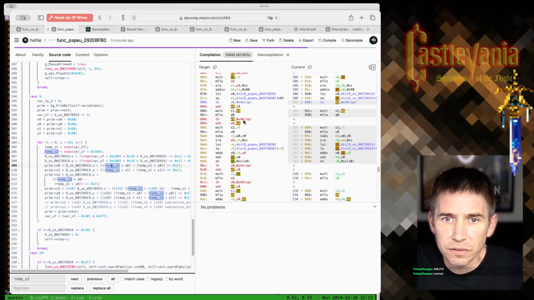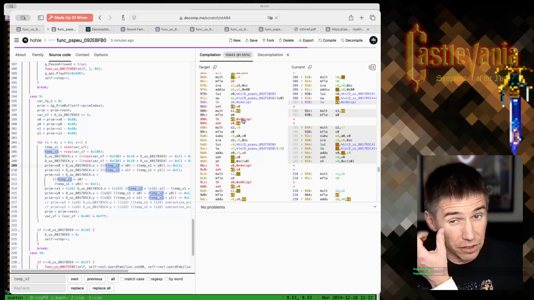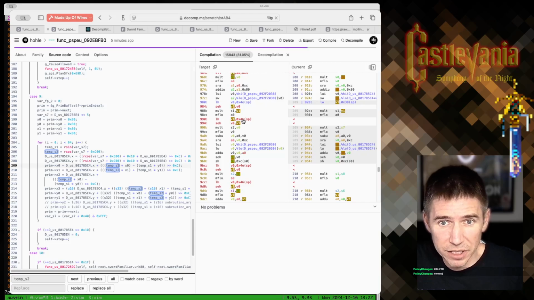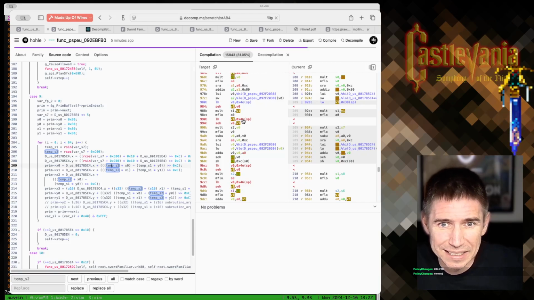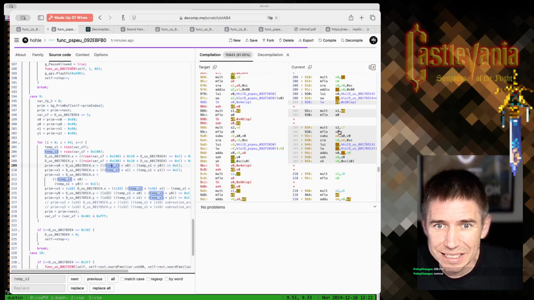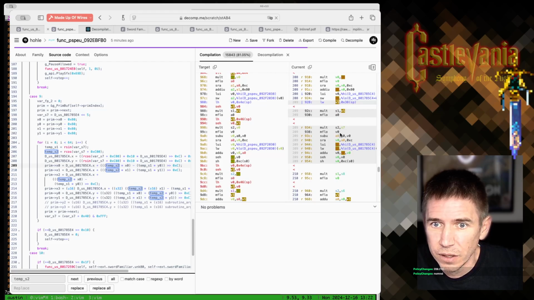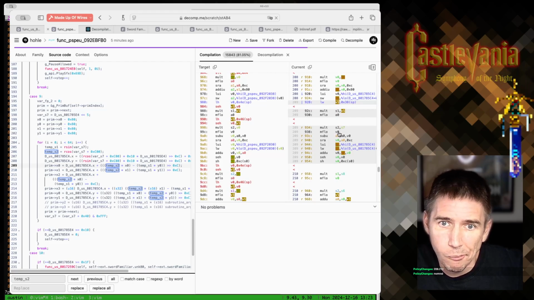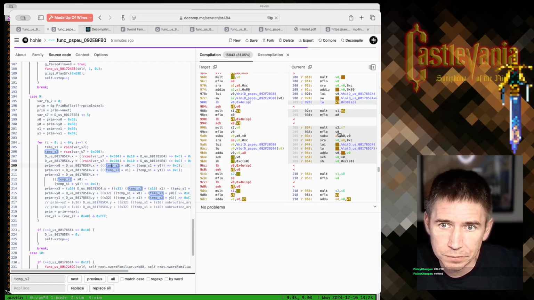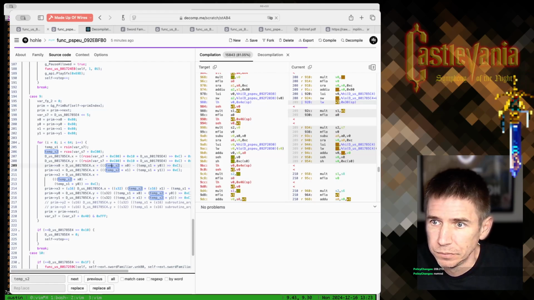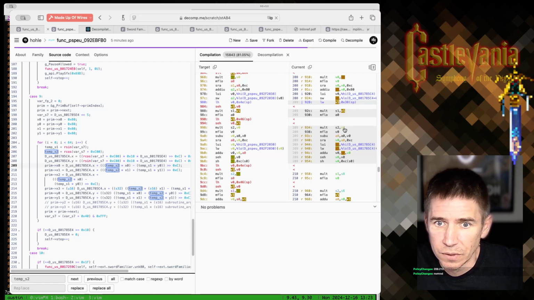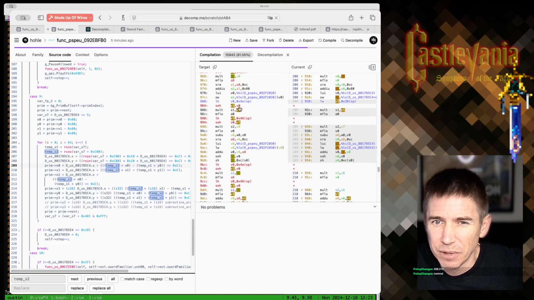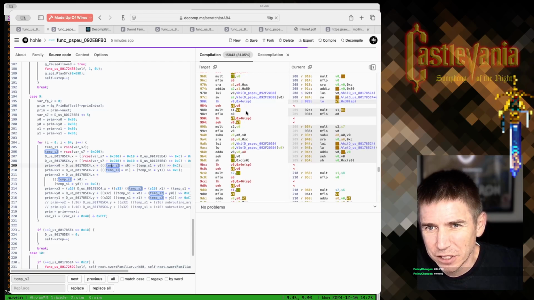There is a load of offset, stack variable 46. That could be because our variable is already in a register instead. That's coming into V0. So I'm not going to spend too much time on that.